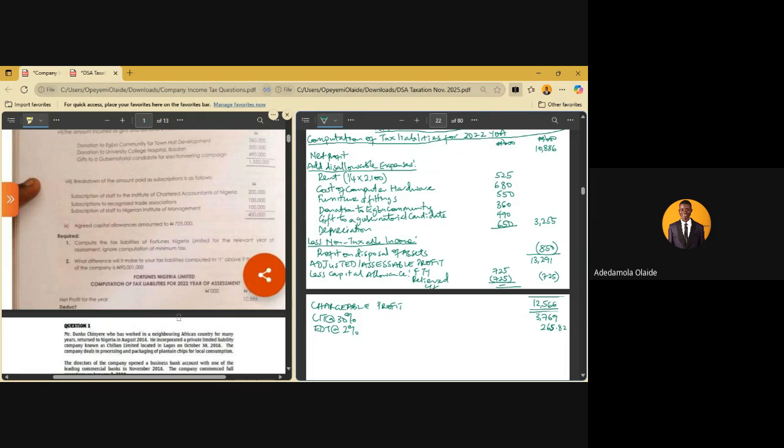I do tell my students that it depends on the mark the examiner allotted to this kind of question. If they allot maybe 2, 3 marks, I'll just tell them that the turnover of the company is 90 million and 1,000, then the company income tax rate would have been 20% instead of the 30% we used. But if they allot maybe like 5 marks to it, then I will need to recompute.